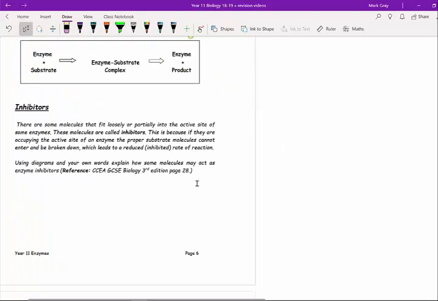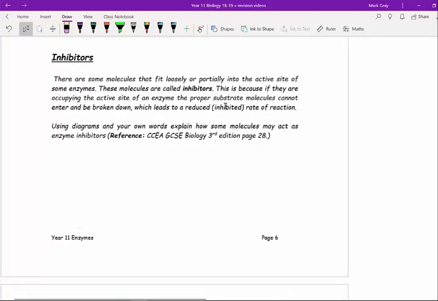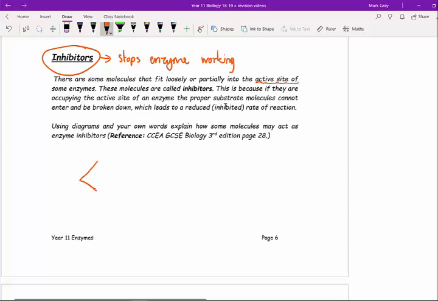Okay? Now, next wee bit is inhibitors. An inhibitor is something which stops something else working. So, an enzyme inhibitor stops the enzyme working. If we go back to this example, we had our enzyme with our active site and a substrate which was complementary to it.